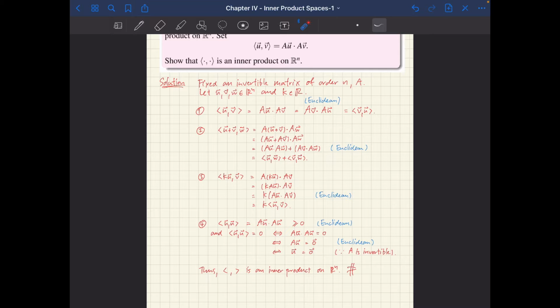And you can see that this one is also an inner product, right?